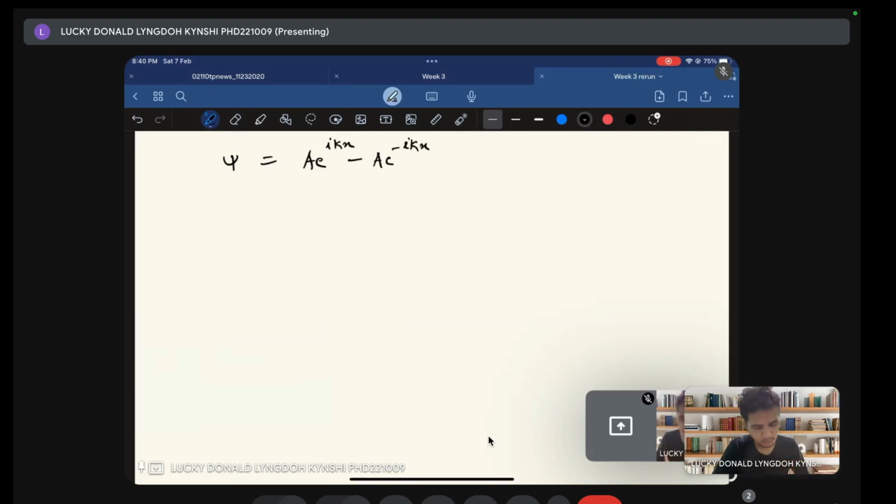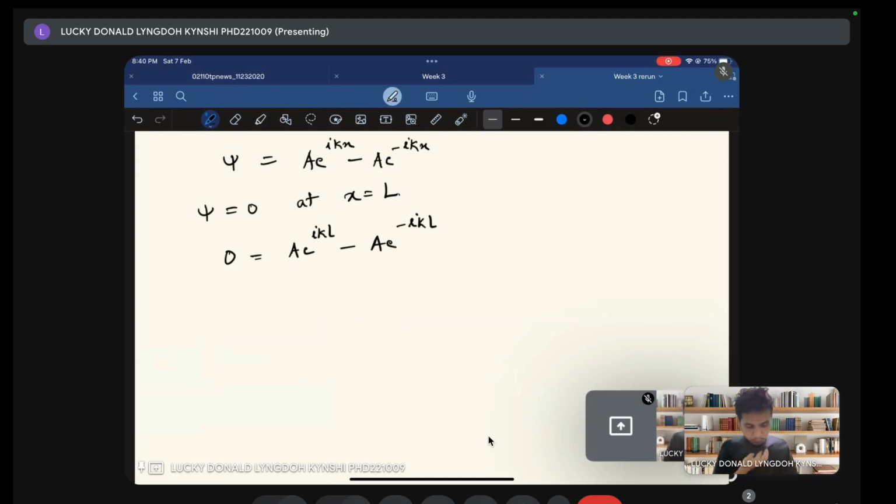Now what is the second boundary condition? ψ equal to 0 at x equal to L. That means 0 equal to A e^(ikL) minus A e^(-ikL).